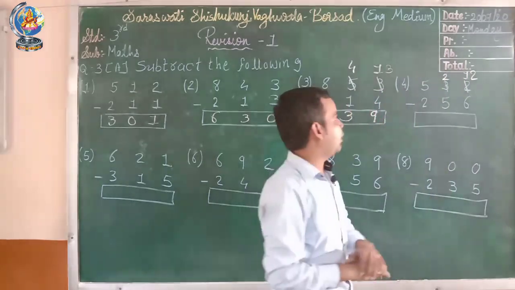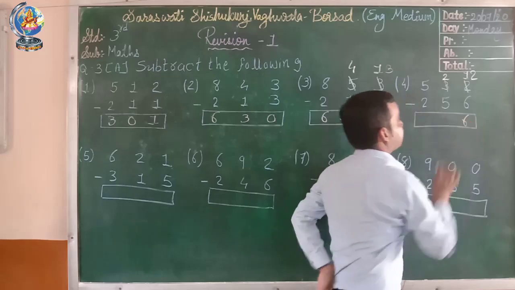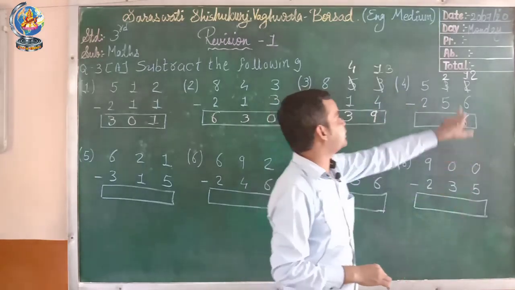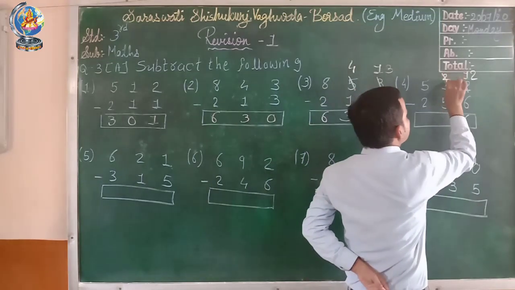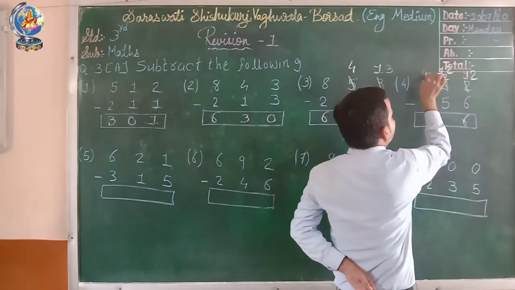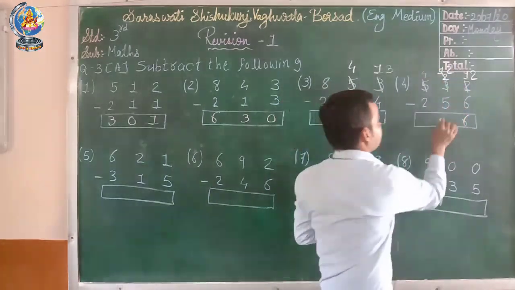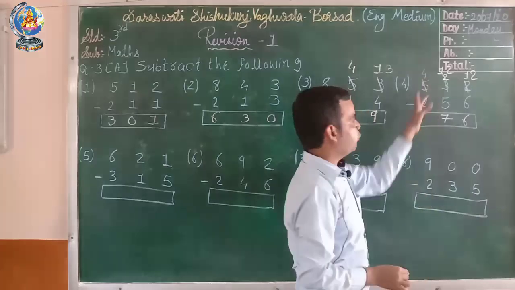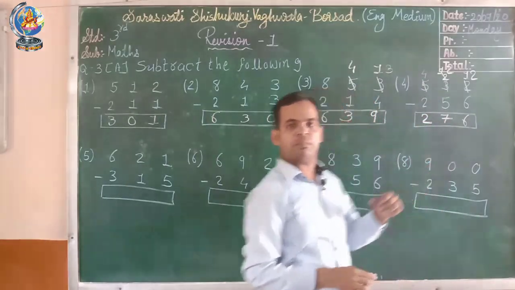Now 12 minus 6 is 6. Again, 2 is smaller than 5, so we cut 2 and write 12, and cut 5 and write 4. Now 12 minus 5 is 7, 4 minus 2 is 2. Understood about the fourth sum?